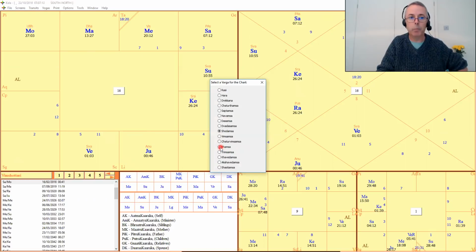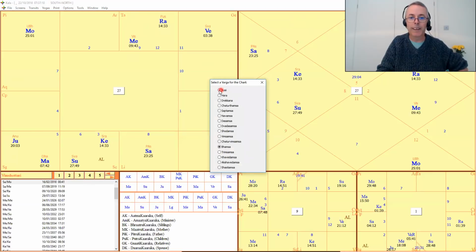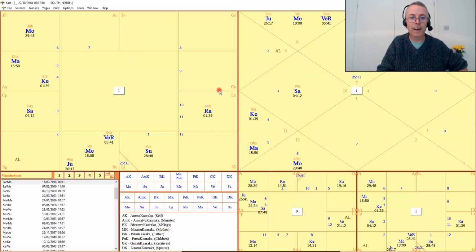Let's pick the Bamsha chart. It's still staying in Pisces. Why don't we pick another planet? Okay, so here we have Venus in Swati Nakshatra, where it's in Scorpio, Venus retrograde in Swati Nakshatra.